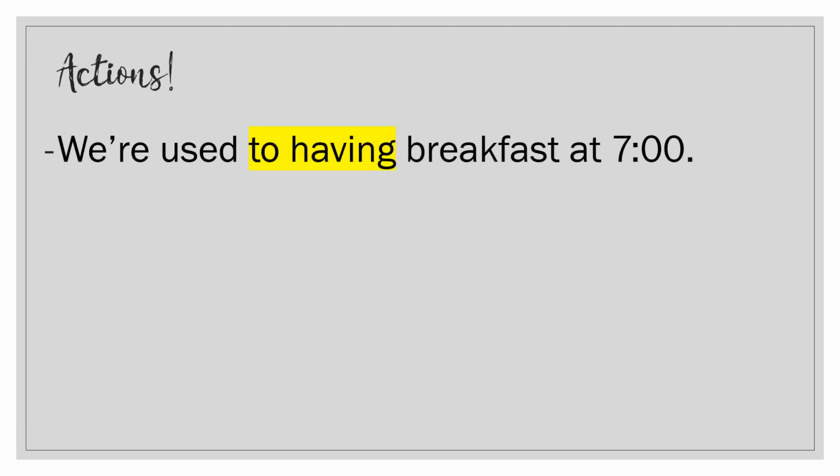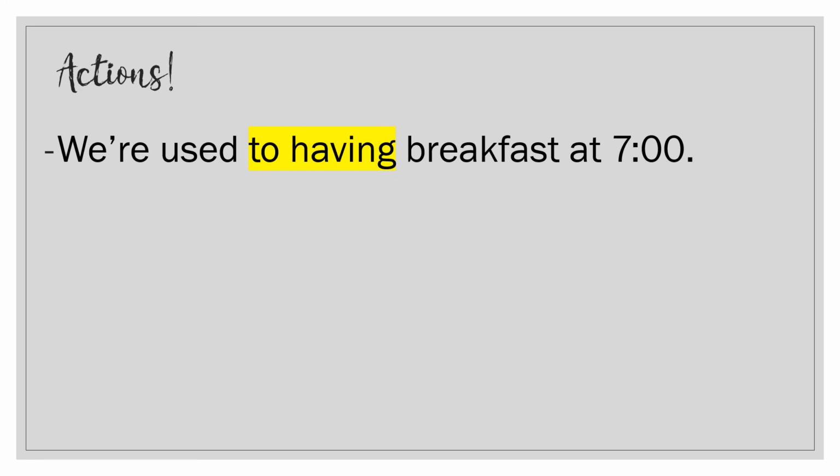So you might be thinking, because in the previous examples I showed you, we were talking about this exercise, the thing itself, right? And now I'd like to show you how it works when it comes to actions, because it is a little bit different.